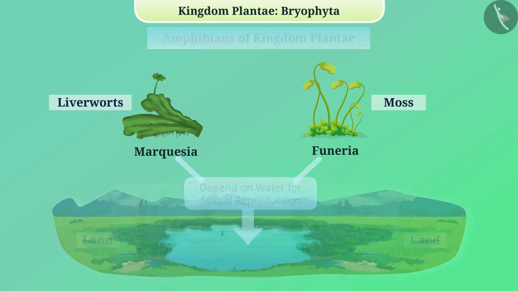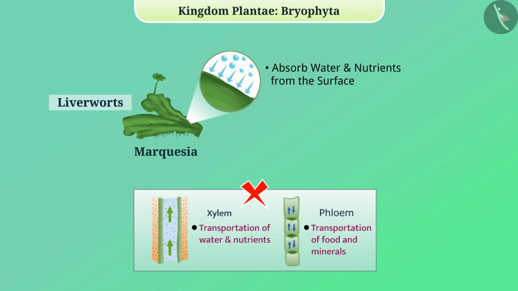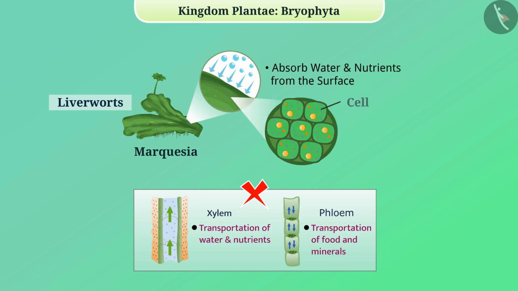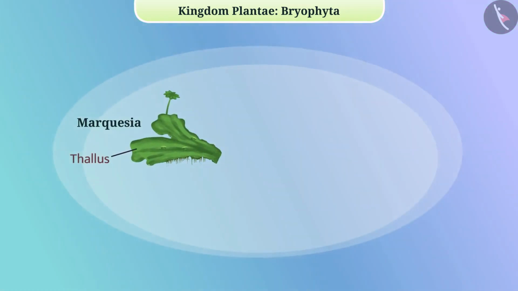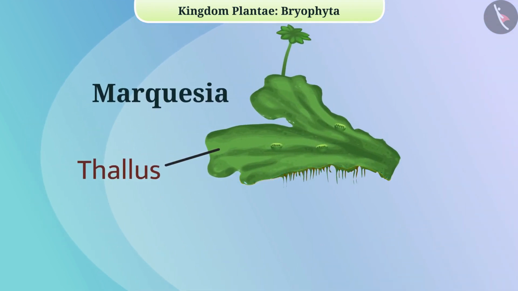Their body does not have tissues for conduction of water and other substances from one part to another part. They absorb water and nutrients from the surface and the material is carried from cell to cell. Their body is like thallus and is straight. They are attached to substratum by unicellular and multicellular rhizoids.